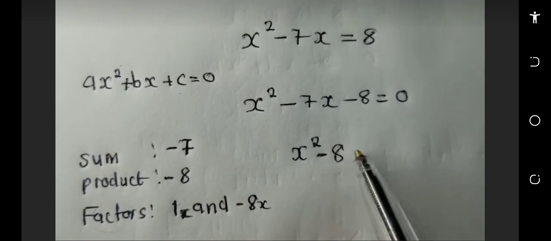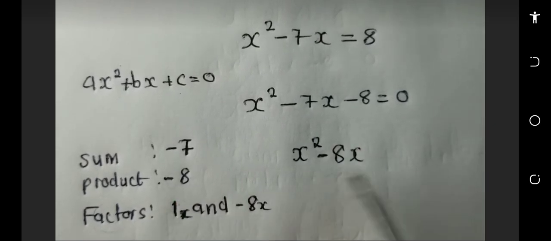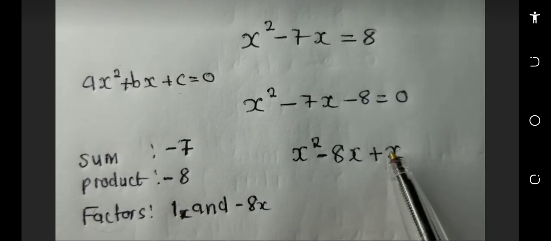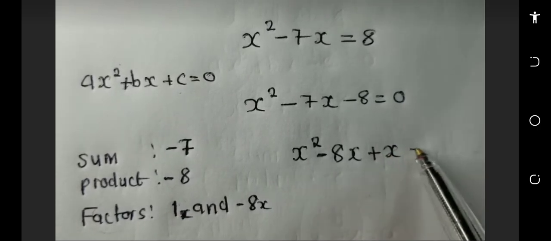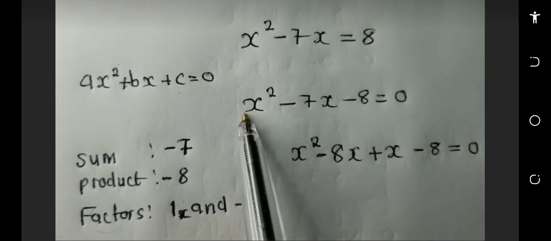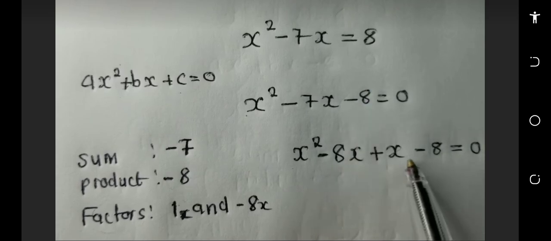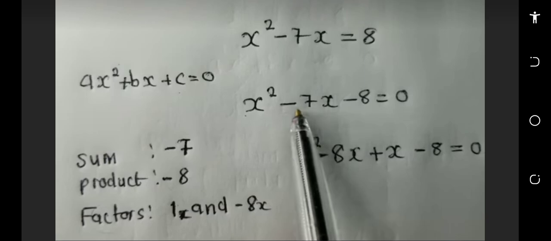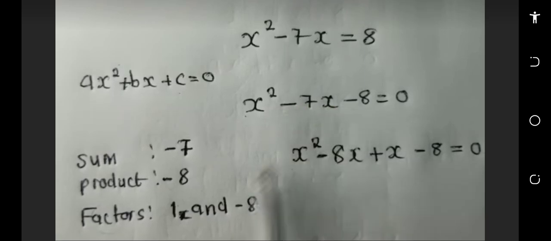Get that one, negative 8x. Get this other one, plus x. We know that 1x is the same as x. There's a 1 here. You write negative 8 is equal to 0. So you maintain this and this right here. You only substitute at b here, where negative 7x is. You put these factors.